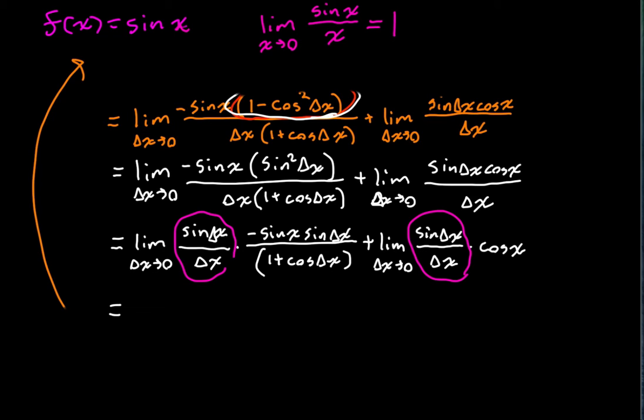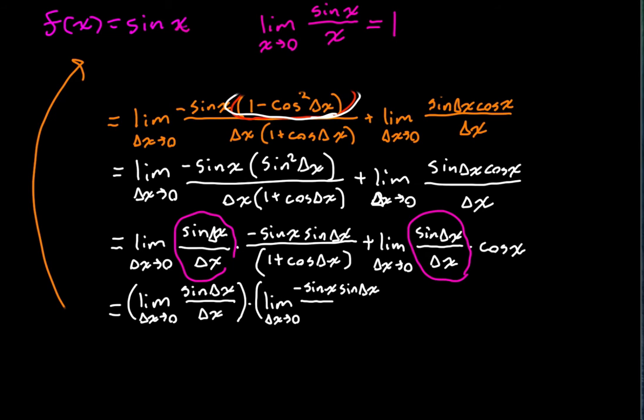So this is going to be equal to the limit as delta x goes to 0 of sine of delta x over delta x times the limit as delta x goes to 0, and I might run out of space here, in fact I probably will, of negative sine of x times the sine of delta x over 1 plus cosine of delta x.